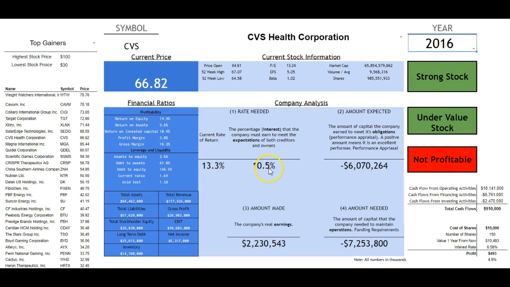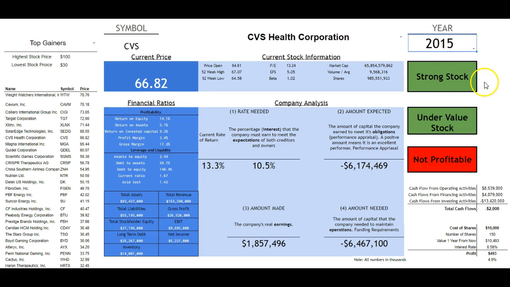The rate is still 10.5, which is good. The real earnings are still very good, and the amount expected that they expect to earn in order to meet the obligation is still about the same. The amount needed is still about the same.